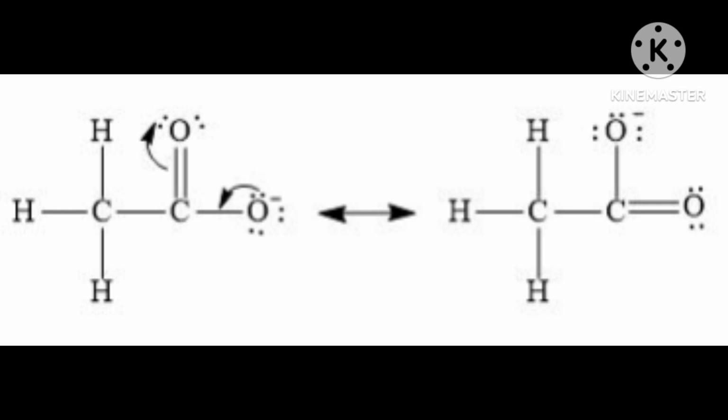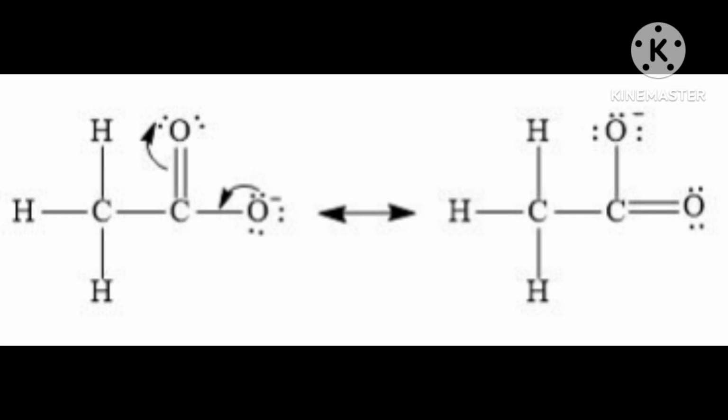Carbon was contributing one electron and oxygen one electron, because this was a pi bond. When the bond breaks, one electron will be taken by oxygen and one electron by carbon. Now carbon has 1 electron, and by 1 electron a bond will not be formed. Here it is making a double bond, so from where will 1 electron come? This is the question.